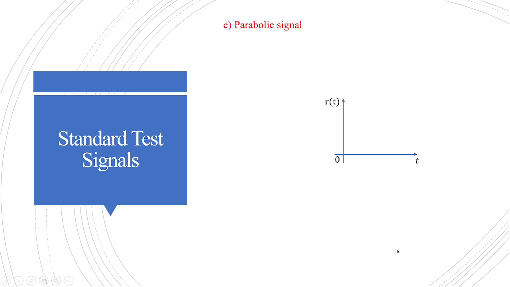When you take a parabolic signal and try to plot its graph, the equation is given by R of t equal to A t square by 2 for t greater than or equal to 0. Which means, if I take the value of t as 1, I get R of t equal to 0.5A. Let me take the value of t equal to 1.5, then the value of R of t would be 1.125A.